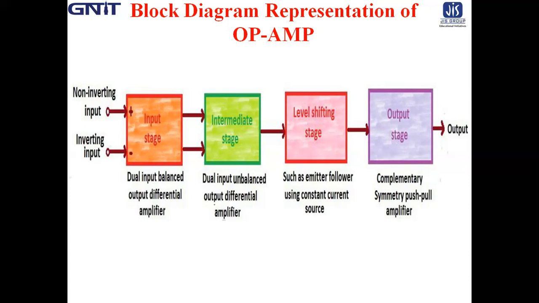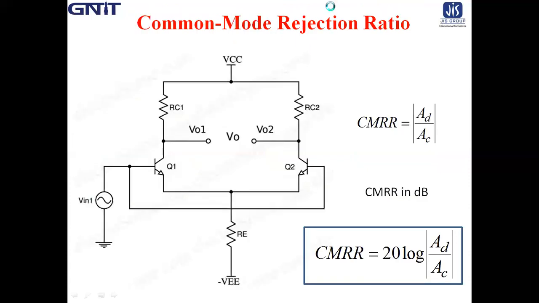Next, I want to discuss a term which is called CMRR, common mode rejection ratio. What do you mean by common mode? What do you mean by CMRR? This is the circuit diagram of a common mode rejection.